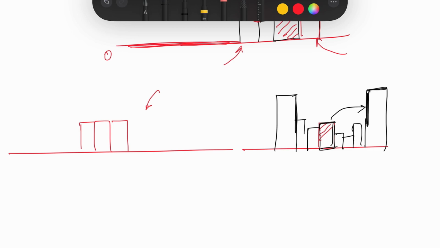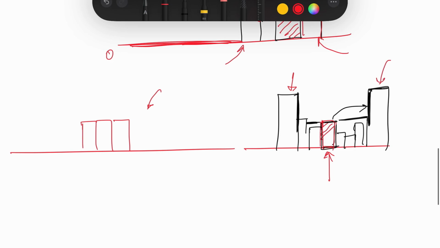On the right side we have this biggest support. So what is the amount of rain we are going to store for this building? On the left side we are saying that this is the tallest building, and on the right side this is the tallest building. So among these two we can have water.